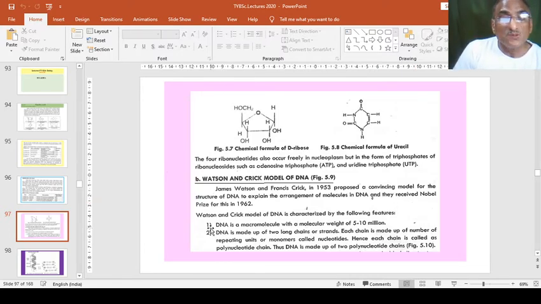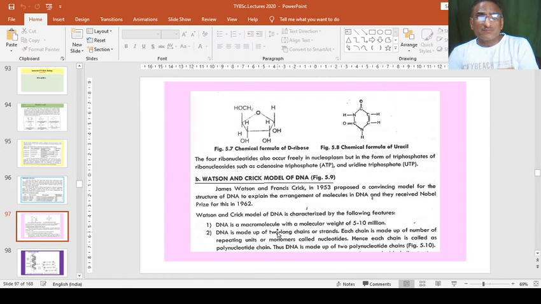The Watson and Crick model of DNA is characterized by the following features. So what are the features they have described in DNA? One, DNA is a macromolecule, not micro, a macromolecule with a molecular weight of 5 to 10 million, measured in Daltons.